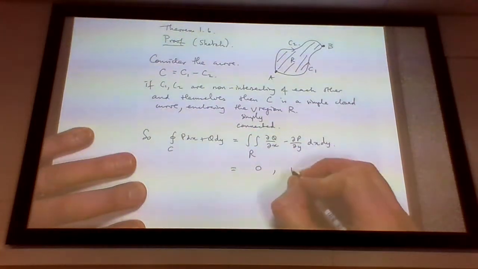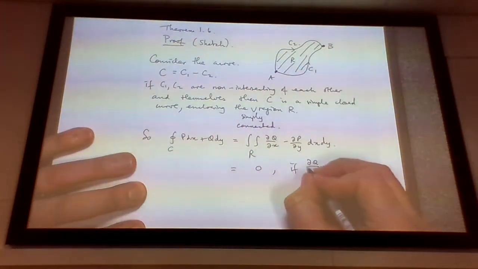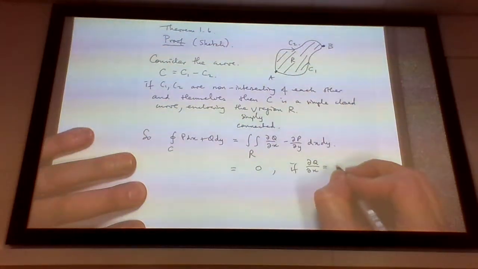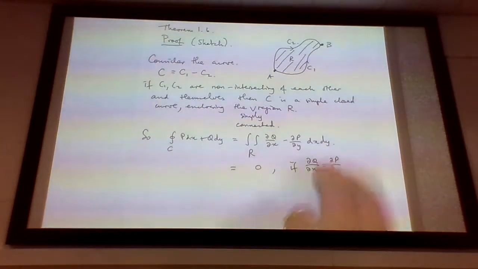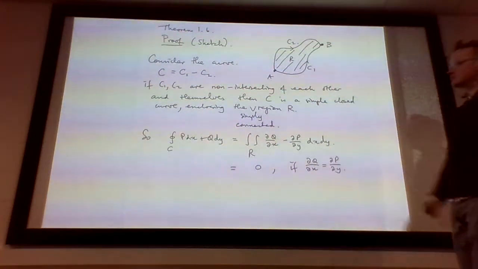But this is equal to 0 if dq dx is equal to dp dy, as in the theorem. The conditions of the theorem say they're equal. If these two are equal, then this integral will be 0.